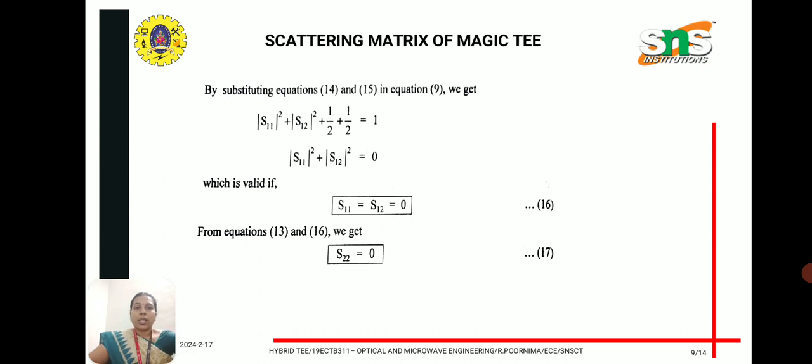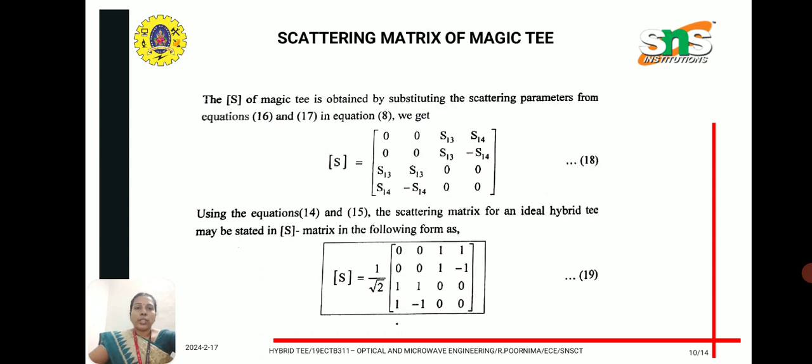After applying this value, S22 also becomes 0. Now look into the S matrix of the magic T, where we have matched termination at ports 3 and 4, but the final answer has all the diagonal elements 0. That is why this hybrid T junction is known as the magic T, where all the diagonal elements are 0.